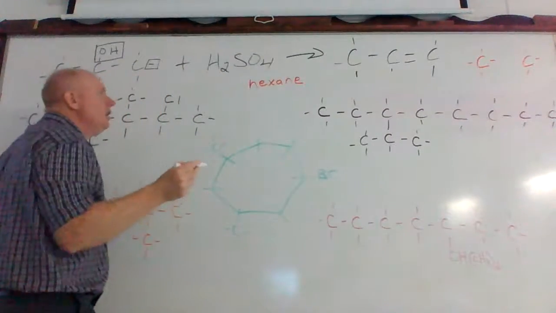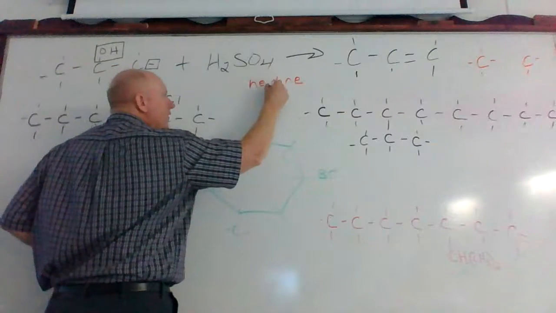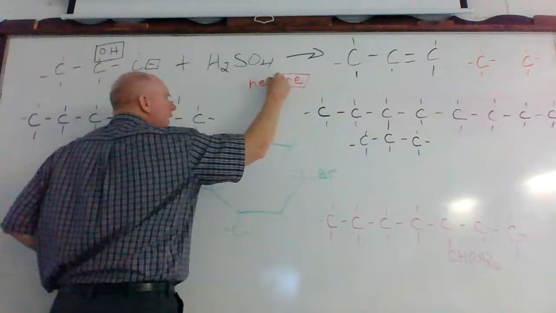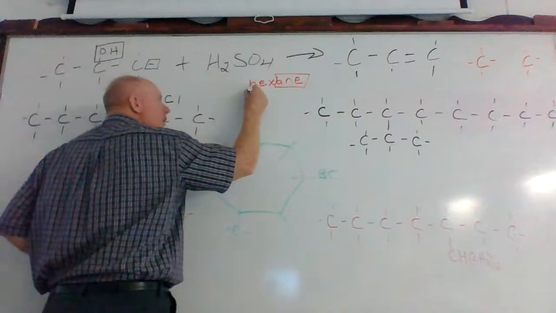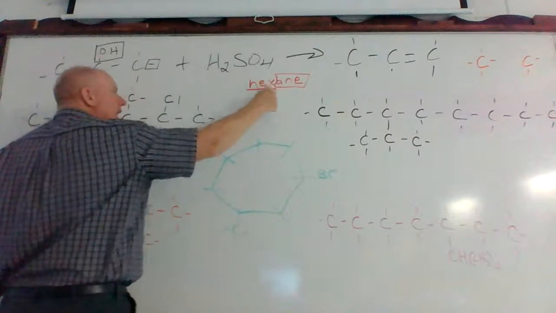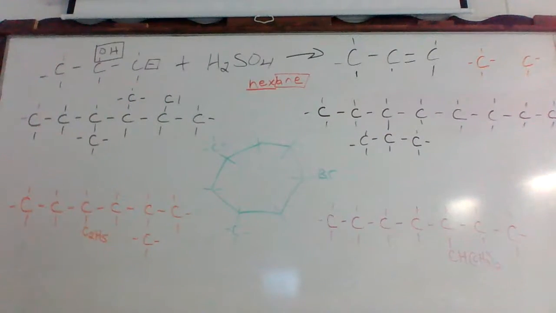Okay. So again, this tells us our family, that's an alkane. This tells us how many carbons are in that alkane chain. Next, we need to see, is there anything branching off of that hexane? And of course, the answer is yes. So where are those derivatives located?